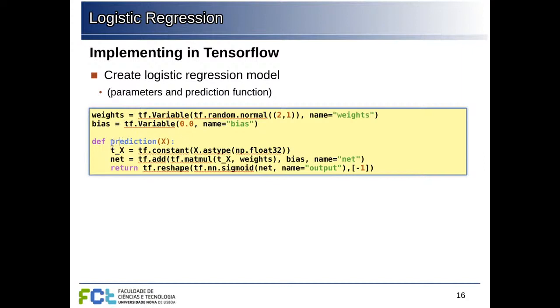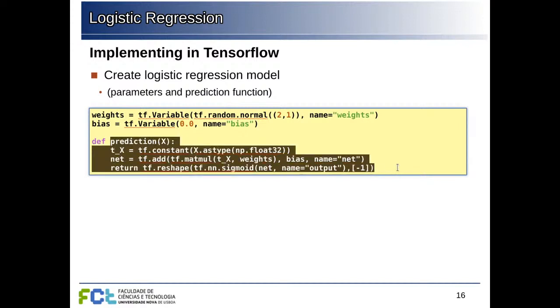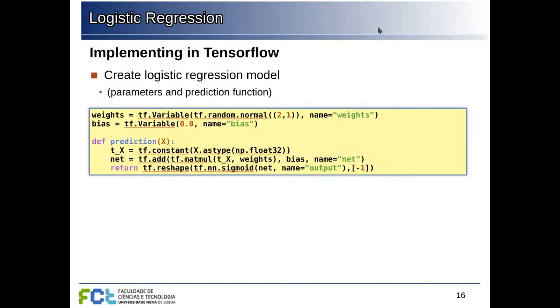Since we can expect that we want to call the prediction function using, for example, a NumPy array with our examples, and since we need to have tensors to do these operations, we start by creating an auxiliary tensor here, where we use the NumPy array that is given to the function and create a tensor, which can be just a constant, copying that data into a tensor. So this will be the function to create the prediction of our neuron, of our model.